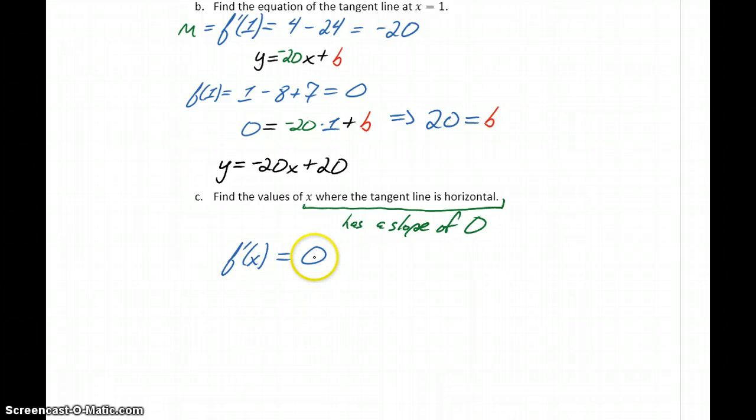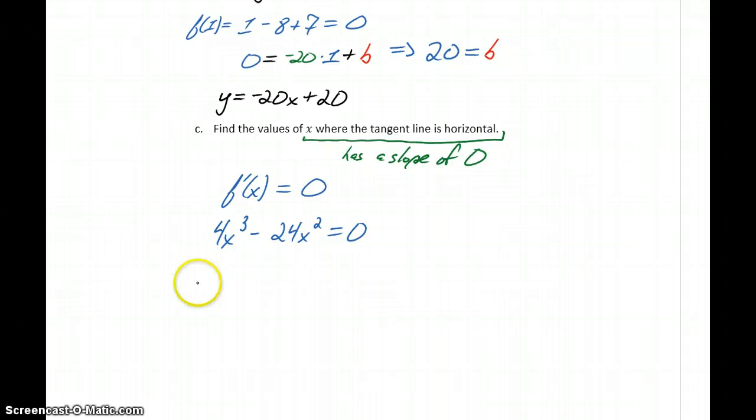So when our rate of change is 0, the slope of our tangent line is 0, so the tangent line is going to be horizontal. Taking the derivative function, which is 4x cubed minus 24x squared, and setting that equal to 0, now we need to factor and solve.